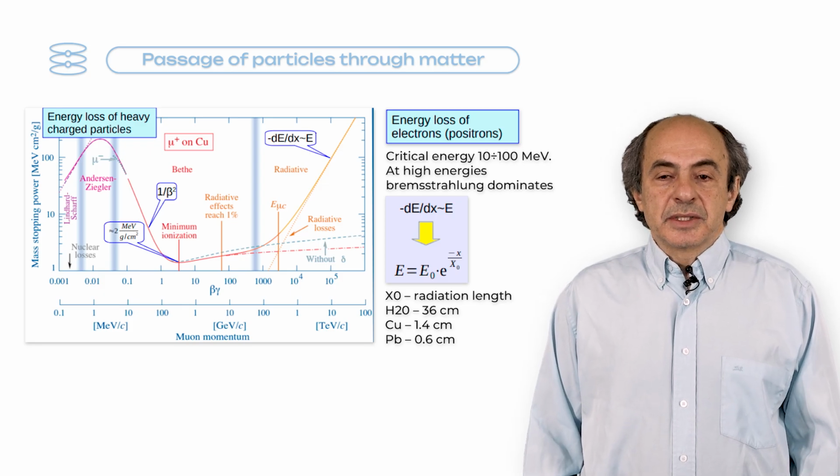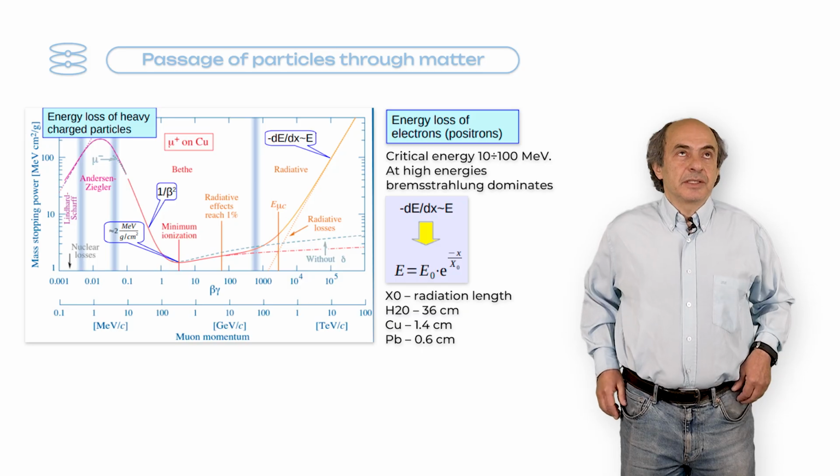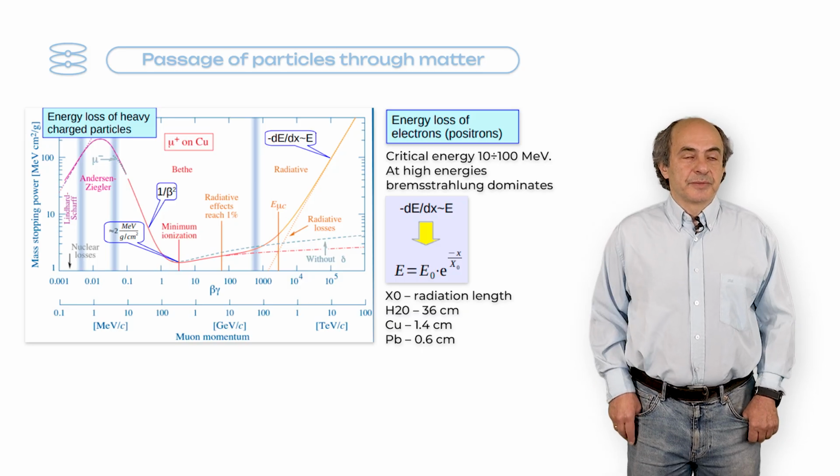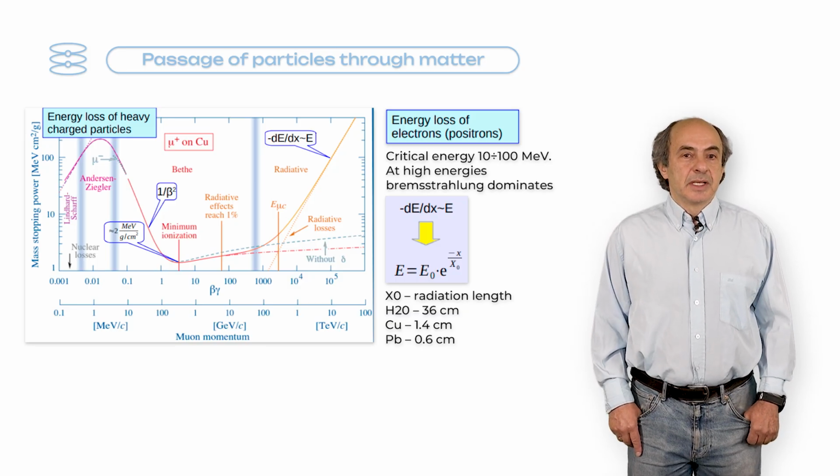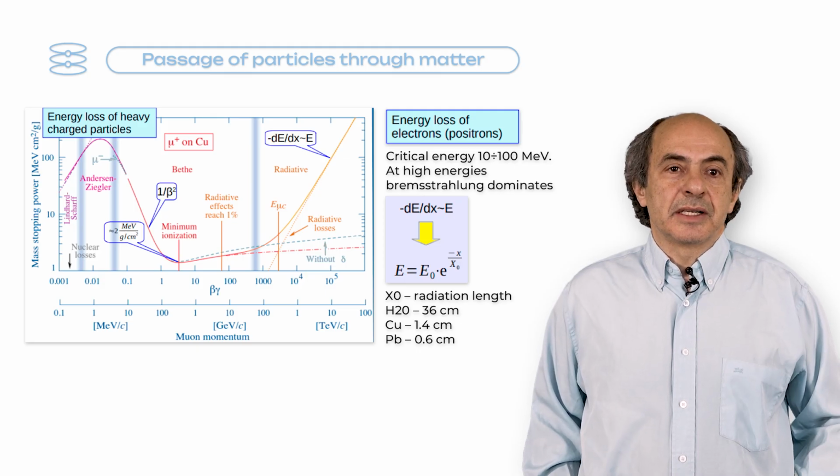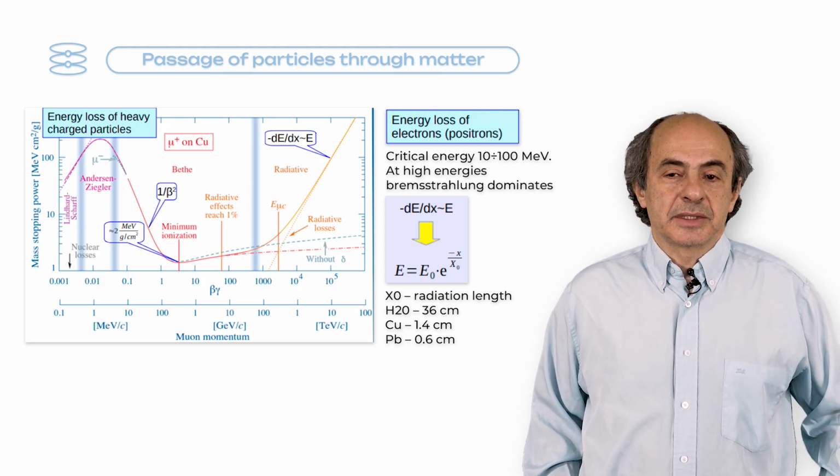You can see some examples of the radiation length, and its range is from some parts of a centimeter for heavy elements to several tens or even 100 centimeters for light elements like hydrogen.